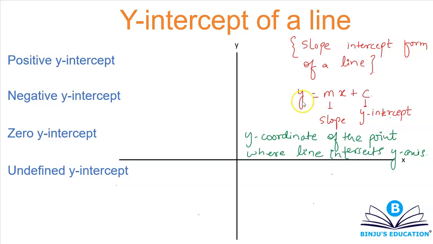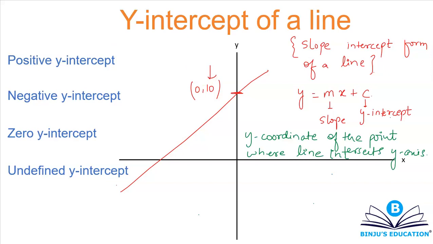For example, let's suppose I happen to have a straight line something like this. And let's say this line intersects the y-axis at some point 0, 10. So what is the y-intercept? Y-intercept is 10. Simple, that's it, nothing else.